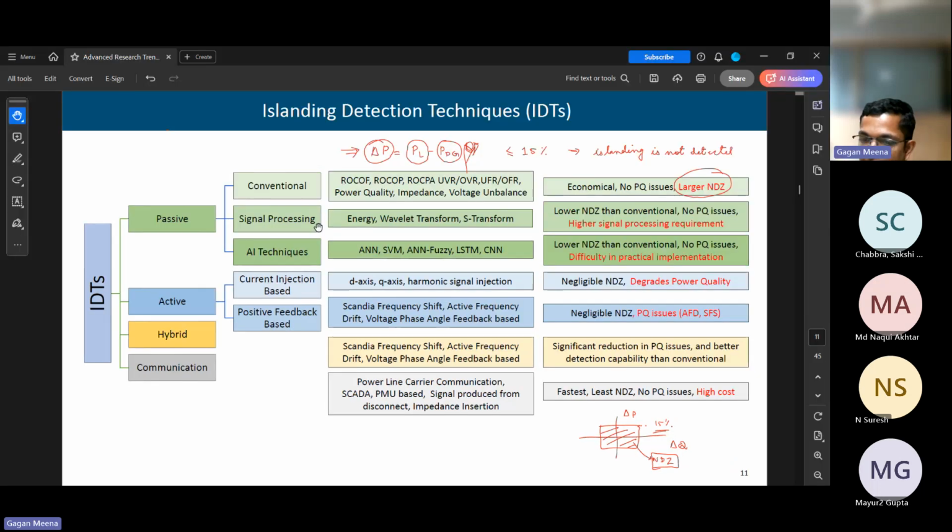Yeah, but in that case, it is not islanding, right? The microgrid is connected to the grid. We are talking about the case where the microgrid is islanded from the main grid. The microgrid is islanded, but still the mismatch is zero. If you island in such a condition, the mismatch will be zero, no?